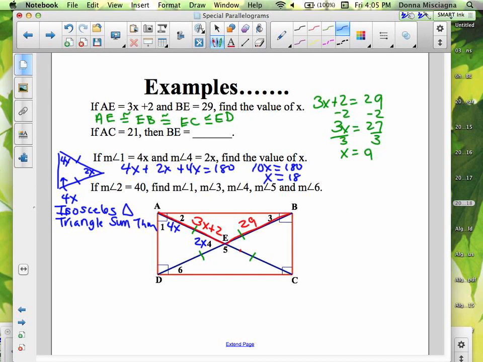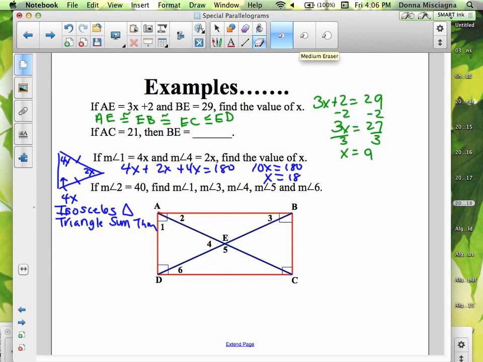All right, now let's solve the question I keep skipping. I'm going to probably erase some of this so that we can see. There it goes. This time I want purple. There we go.